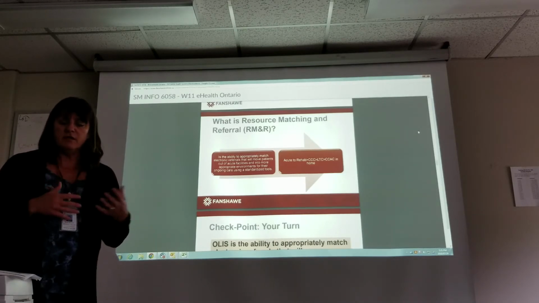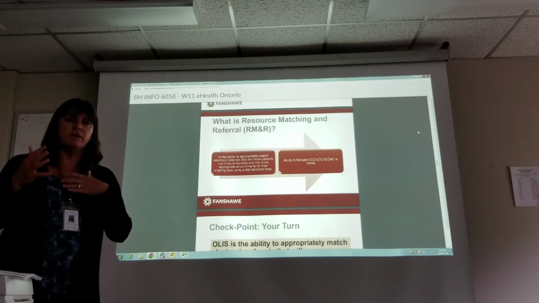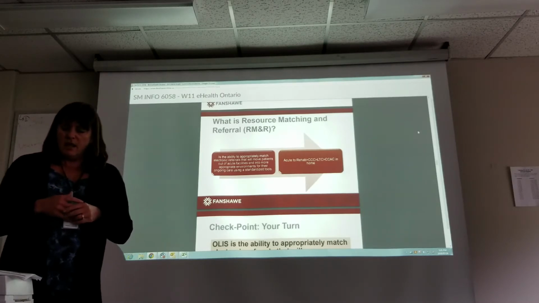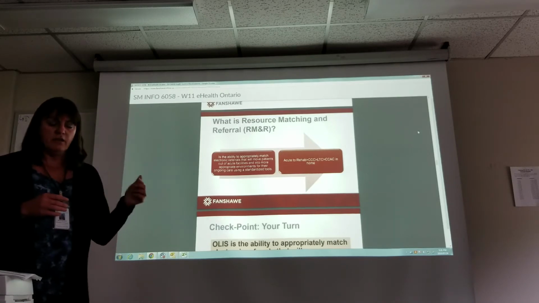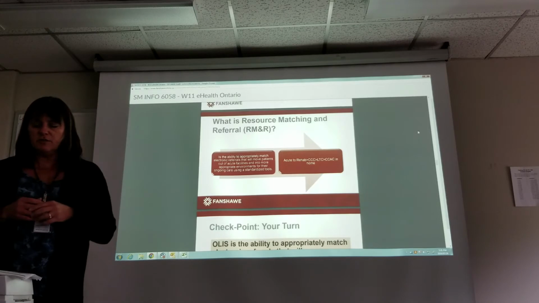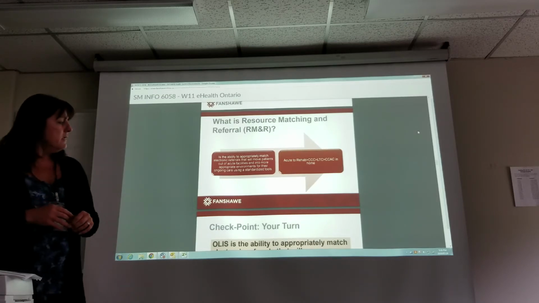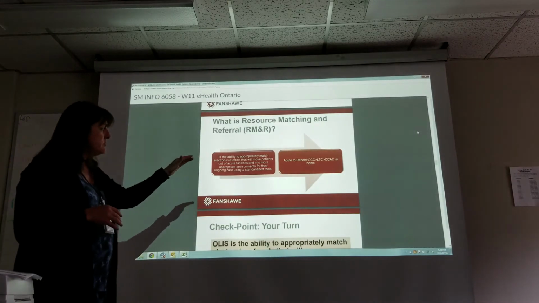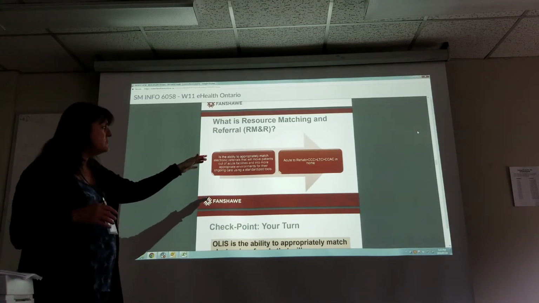But without the resource matching and referral service, right now it's very cumbersome to figure all of that out. So the ability to connect people, acute to rehab, to the community care continuum, to long-term care, to community care access in the home. So making sure that all the information is flowing, because that is a typical flow from an inpatient stay.